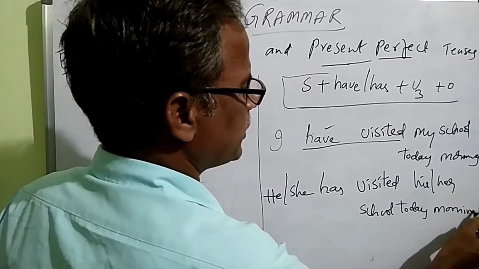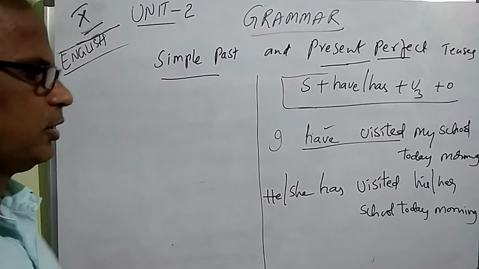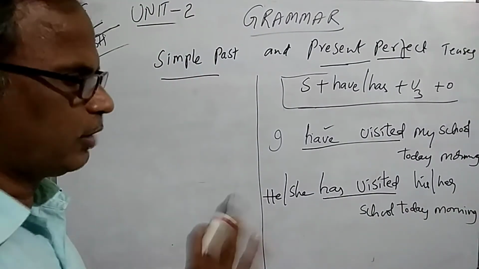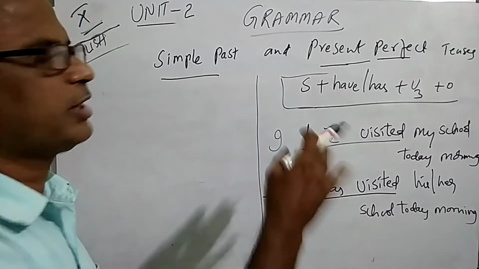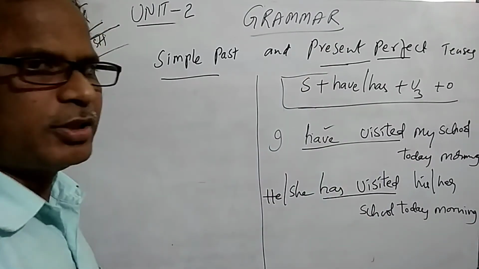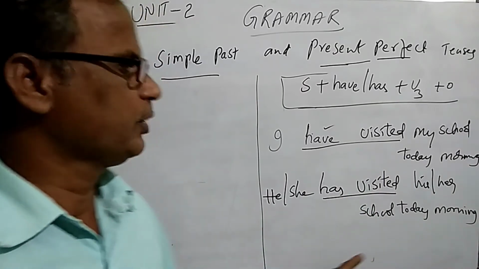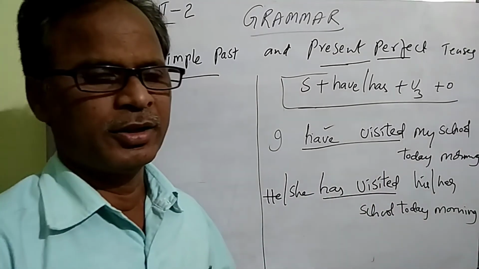So that means it is saying the action is completed, finished completely in the morning. It is discussing a past action, but it says that action is completely finished. So when did it happen? Today.